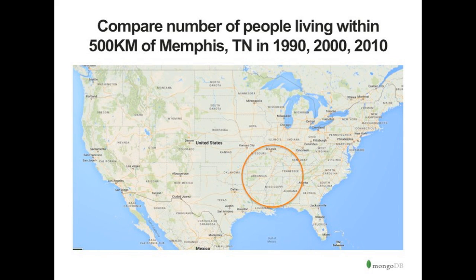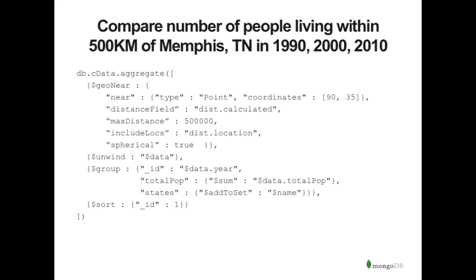So let's take a look at that query. Here's what that query looks like. There we use a GeoNear pipeline stage, and in this case we're saying we want all documents that reference a point within 500,000 meters, or 500 kilometers, of Memphis, Tennessee, which has the longitude and latitude coordinates of 90, 35, roughly.